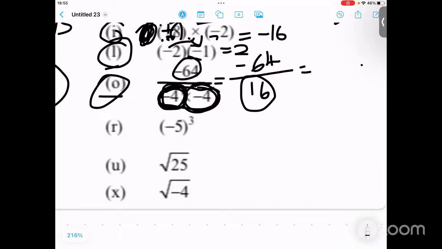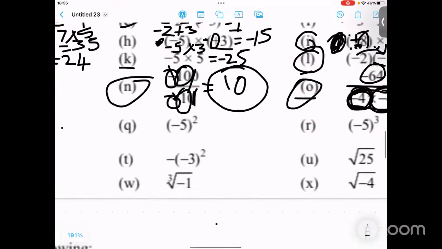So now this is where you're going to simplify the final answer. You're going to have negative 64 divided by positive 16. And I told you guys that you can only get a positive when you are dividing a positive with a positive, or a negative with a negative, because the other negative is going to cancel out the other negative.